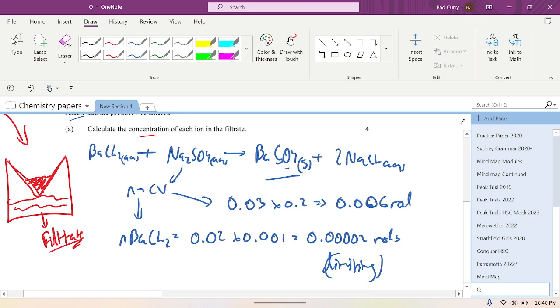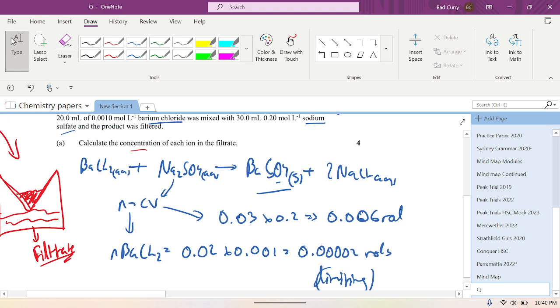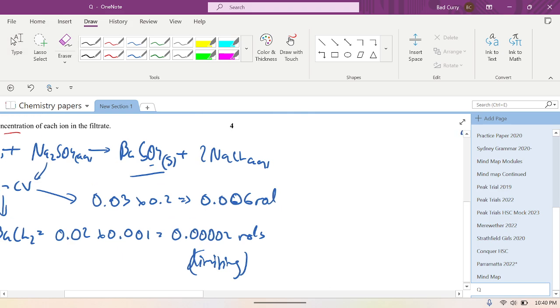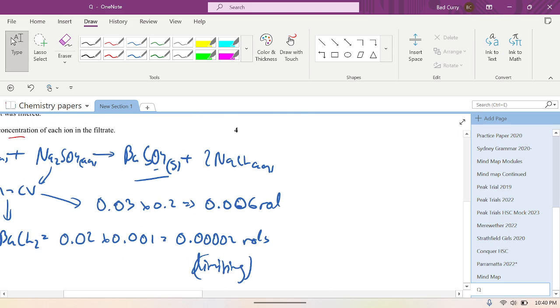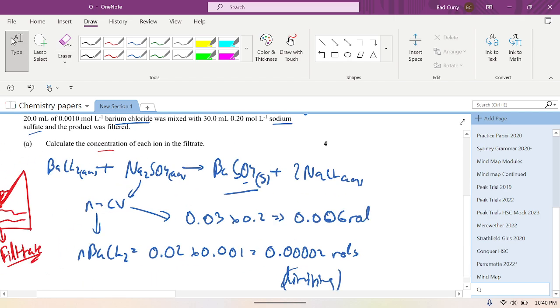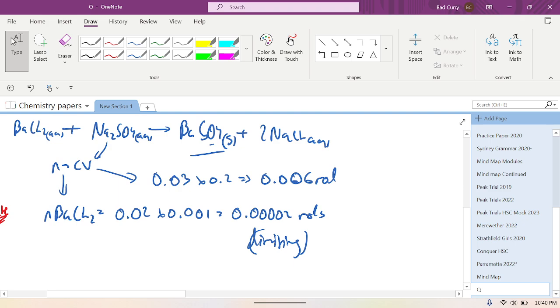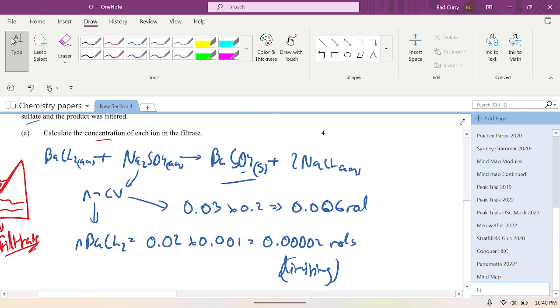Everything else is going to be filtrate, which is going to be your NaCl, so your sodium chloride, and because barium sulfate exists in equilibrium as a solid, it would be some of your barium and some of your sulfate ions. Essentially, firstly, you do the easy bits, which is finding sodium and chloride ions.